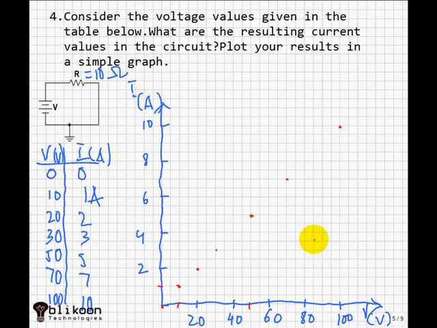Here we have finished plotting our points in the plan, and we can see the resulting points. So notice that for each voltage value there is a corresponding current value, and the point where these lines meet is the one we're interested in. So if we draw a line that connects all these points, we get a graph that describes the behavior of our circuit.